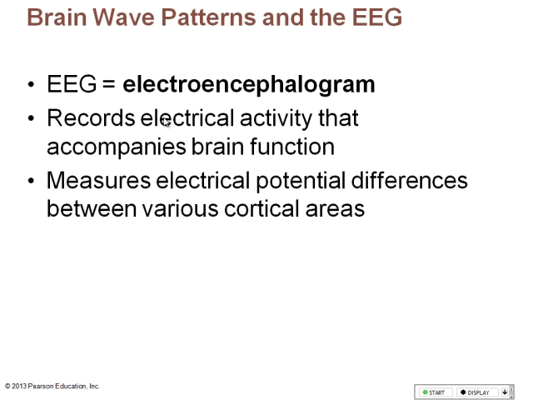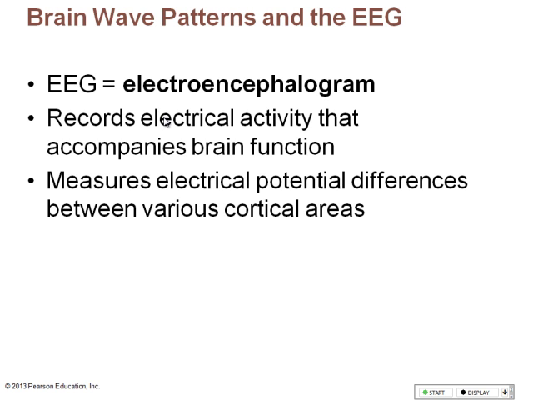EEG measures brain waves. What's an EEG? Electroencephalogram. And that's going to record the actual electrical events that are going on in your brain. Remember, every time we have a nerve impulse, a neuron firing off, an action potential, that has a measurable wave of electricity.